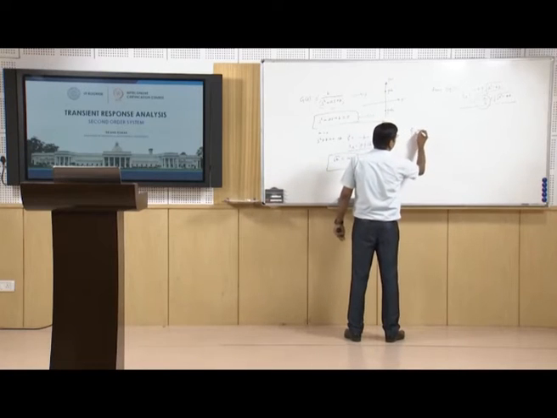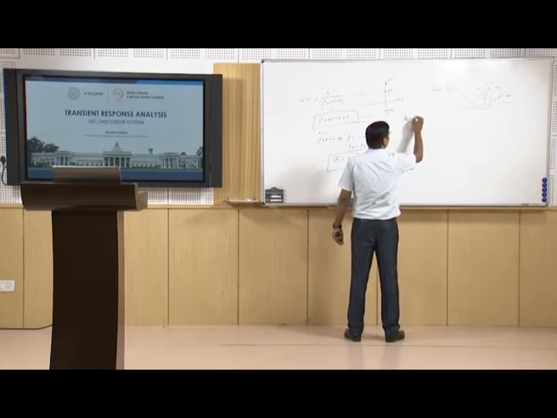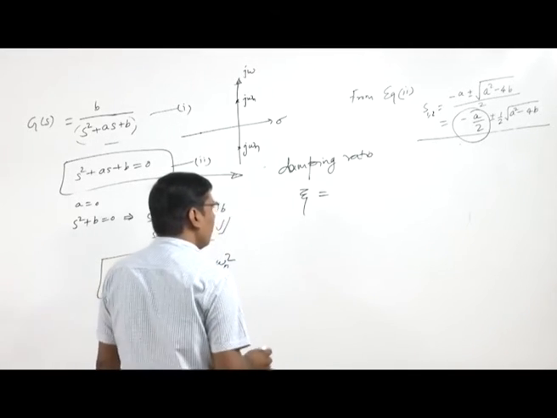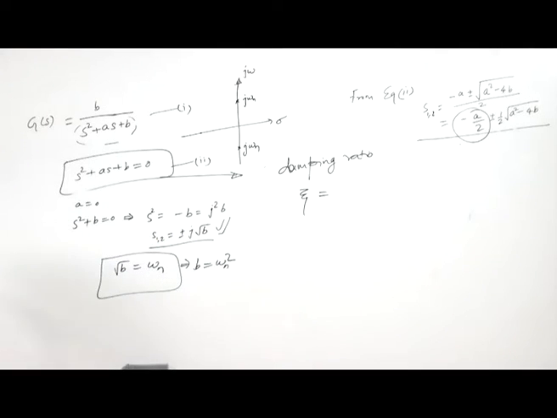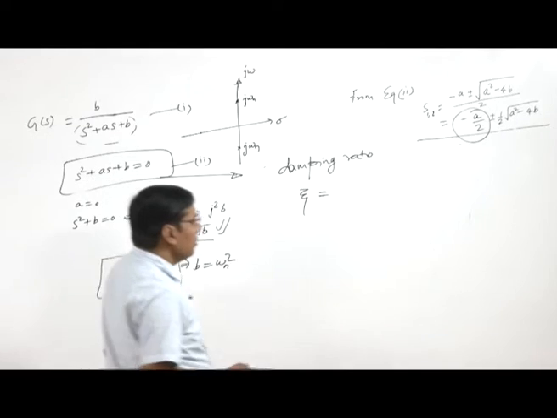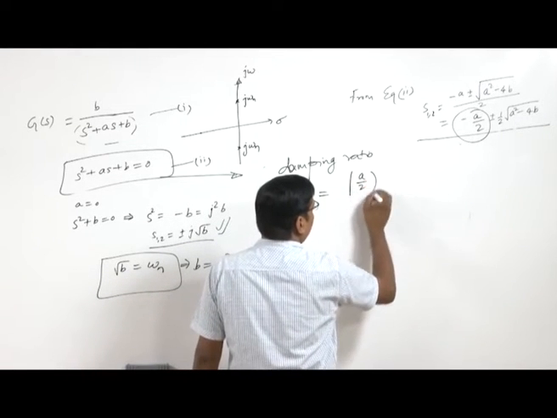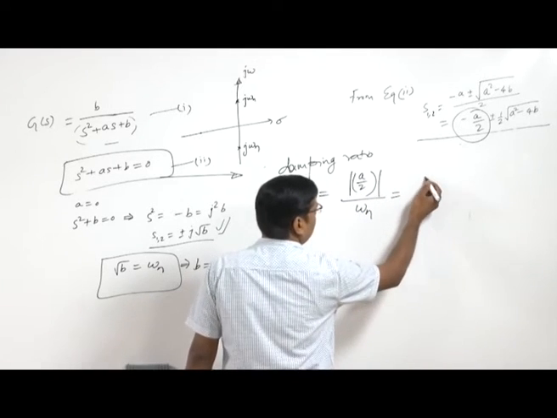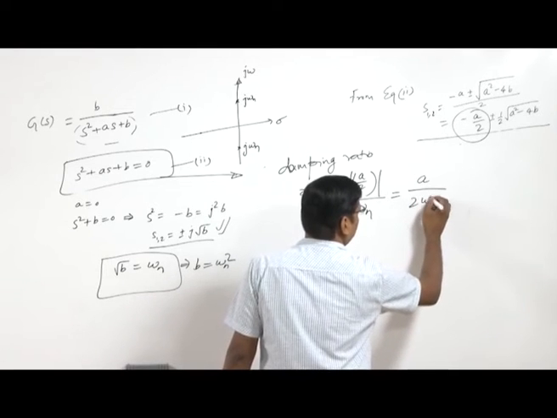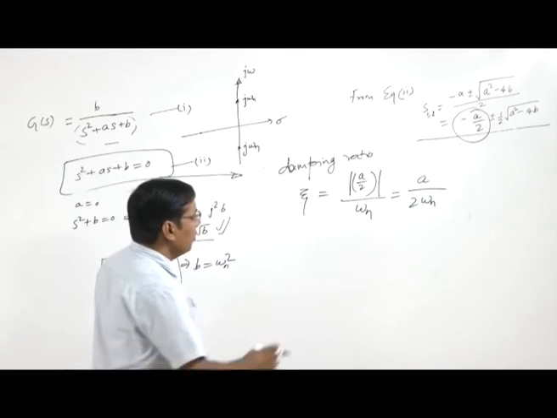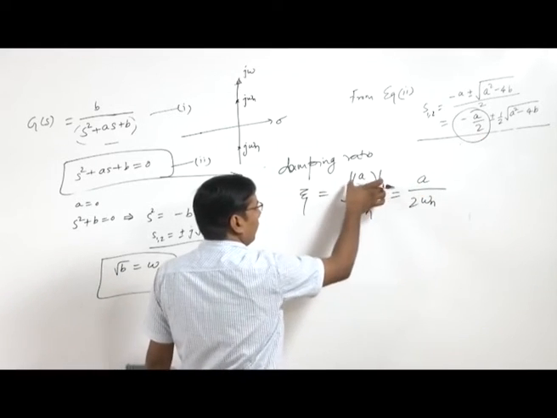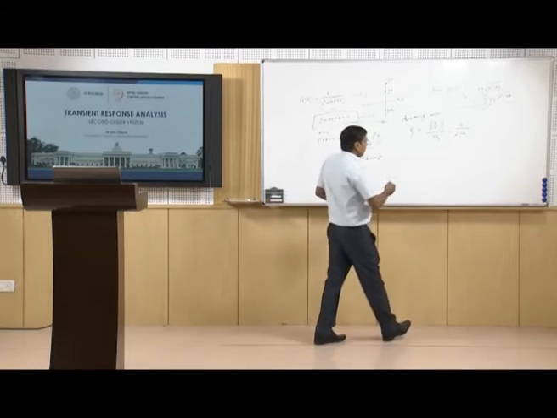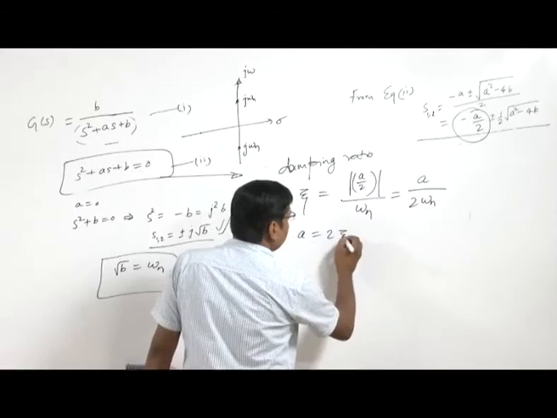Damping ratio zeta is defined as this real part upon the natural frequency, and we get a equal to 2 zeta omega n.